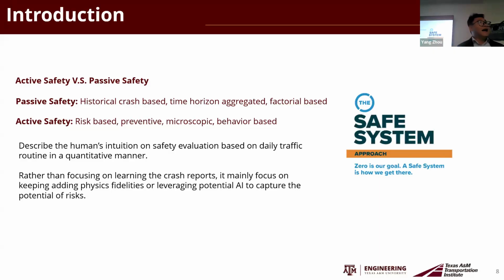So essentially, active safety tries to quantitatively measure that intuition. Nowadays, due to the data limit I mentioned, rather than learning from crash reports, it mainly focuses on adding physics fidelity or leveraging AI to capture the potential of risk rather than the risk itself.